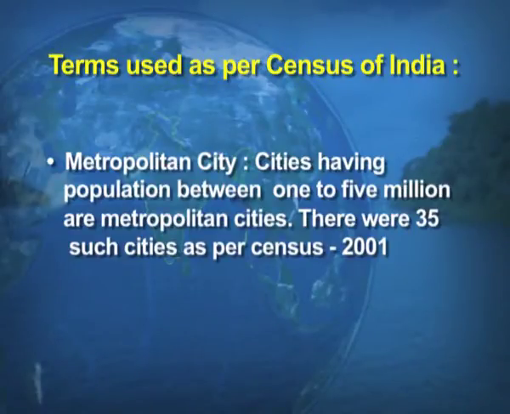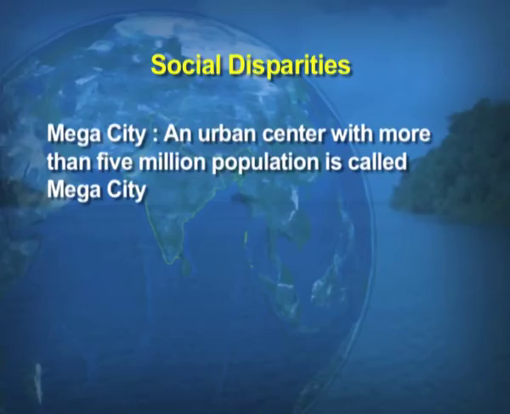Metropolitan city. Cities having a population between 1 to 5 million are metropolitan cities. And as per the 2001 census, there were 35 such cities where the population ranged between 1 to 5 million. Mega city, an urban center with more than 5 million population, is called a mega city.